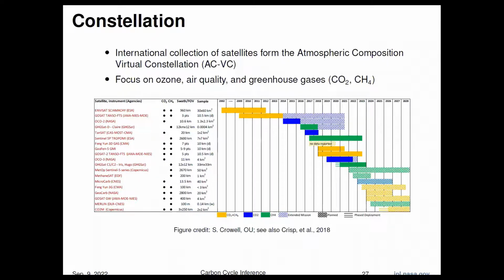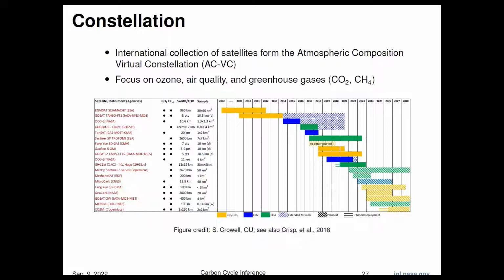It's a timeline of past, current, and planned greenhouse gas monitoring satellites from various entities globally. OCO2 is about third from the top there. Even though the bar stops in 2021, it's still going on and is planned to be continued.